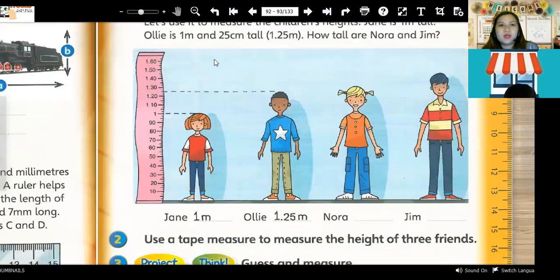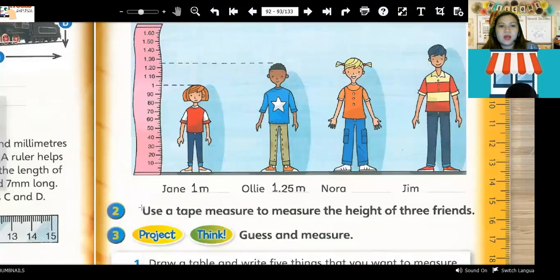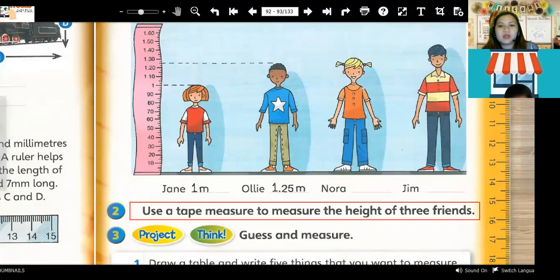Now I will give you a homework. I want you to use a tape measure to measure the height of your 3 friends. Or you can measure your friend.